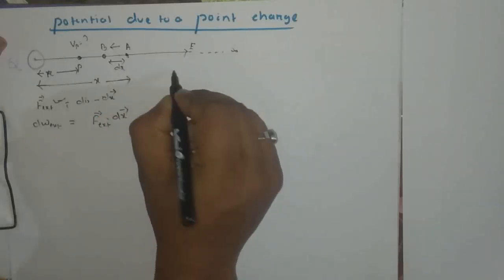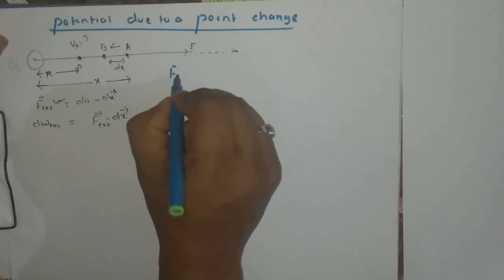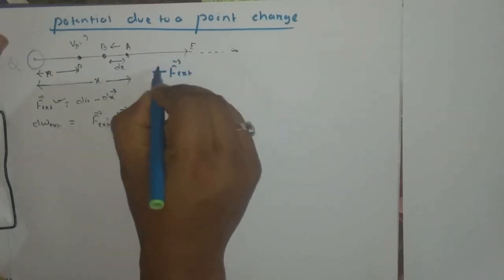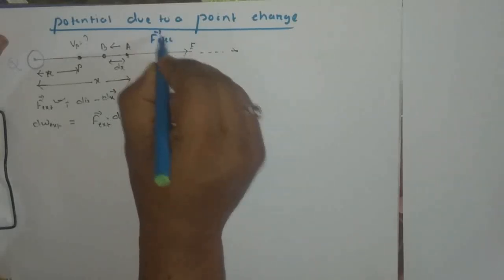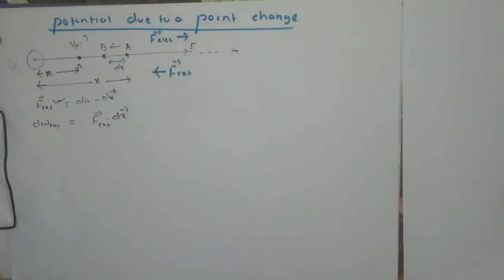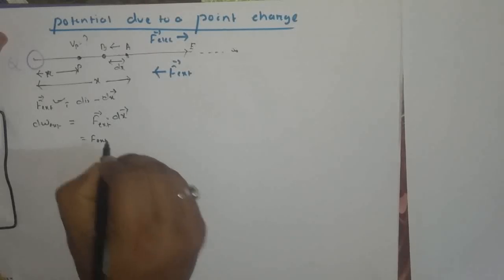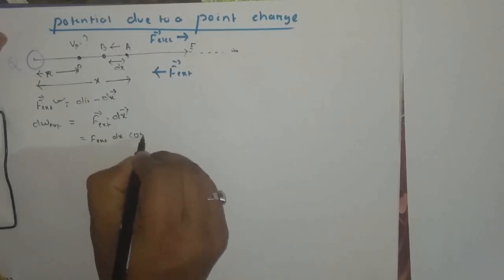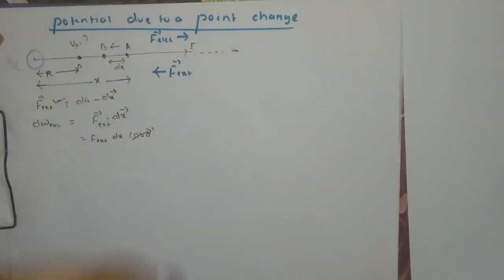This is the external force direction, because I want to push it. But the electric force direction is left to right, and the external force is right to left. So in this case, it will become F external dx cos 0, because they are in the same direction, it will be 1.